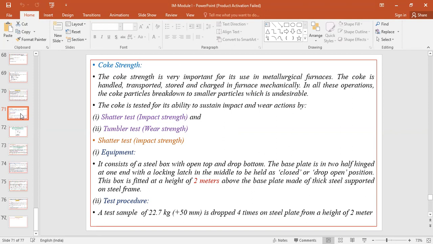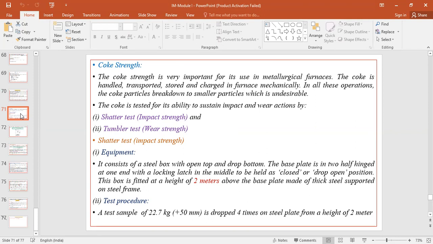In all these stages, during its transportation, storage, and charging into the furnace, it should not lose its shape. It should retain its shape and dimensions. It should not generate fines.